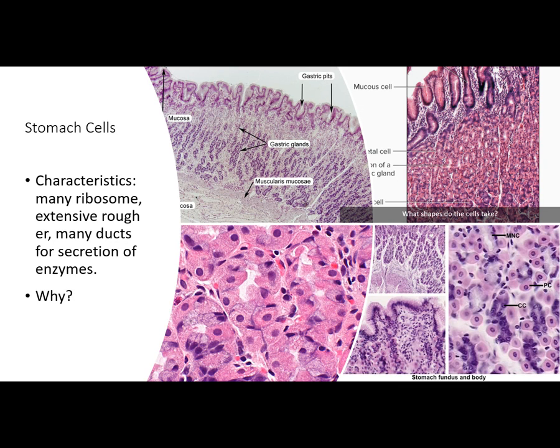And then it has many ducts for the secretion of enzymes. Why? Again, because if it secretes these enzymes, it can break down your food. It needs that protein to make the enzymes in order to break down the food. That's what your stomach does, it starts the process of breaking down your food.